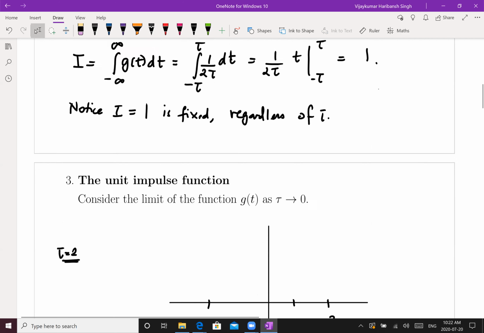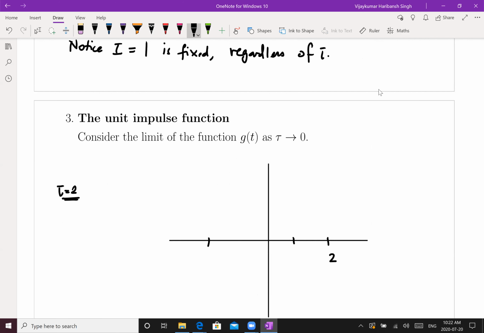So from minus 2 to 2, it's going to be 1 by 4. Something of this sort. So this is how your function will look.